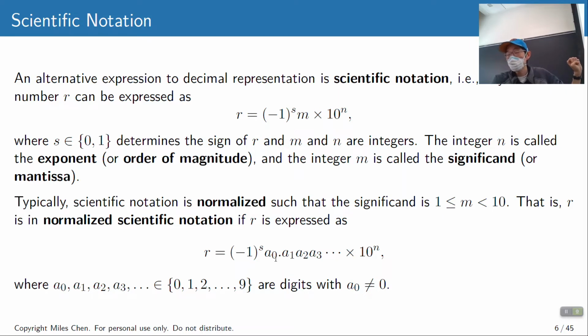And then it's going to be something point something something times 10 to some other power, and you'll also have a sign there. That's normalized scientific notation. If it's not normalized, it's just something times 10 to some power.